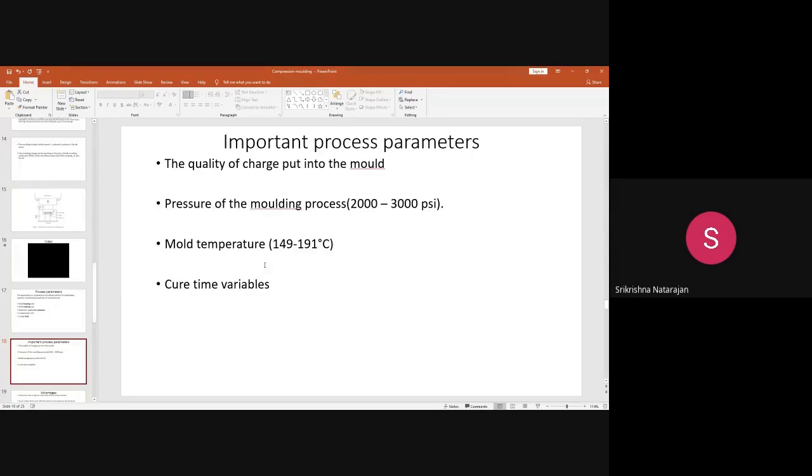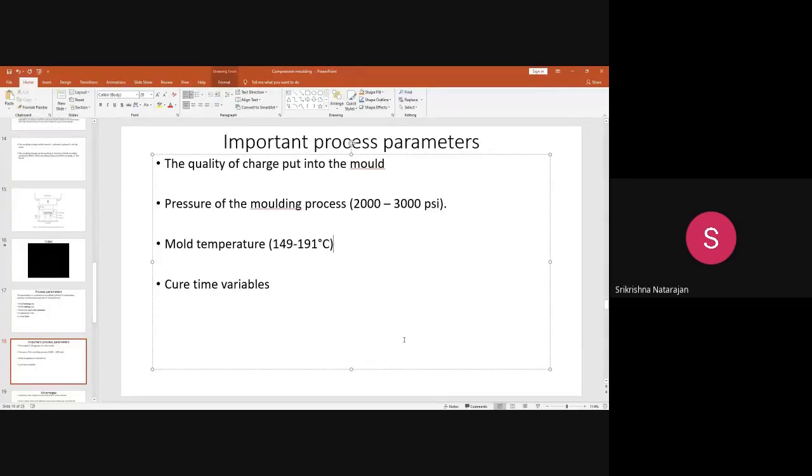For example, for this compression molding process, you are using a high pressure. The pressure will be around, say, 2000 to 3000 psi, and the temperature of the mold is also very high, around say 149 to 191 degrees centigrade. And curing time variables are important, because this time of curing is very important, especially for matrices like thermosetting matrices.